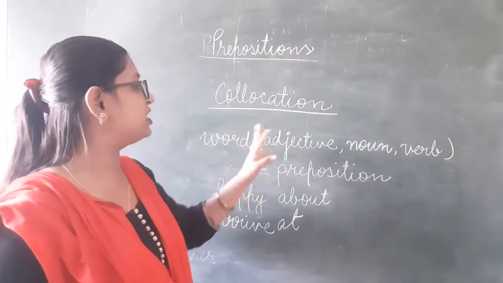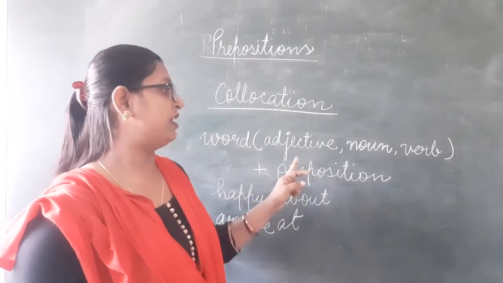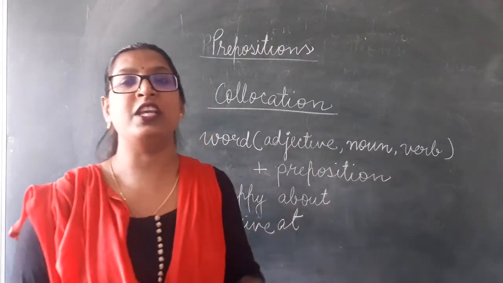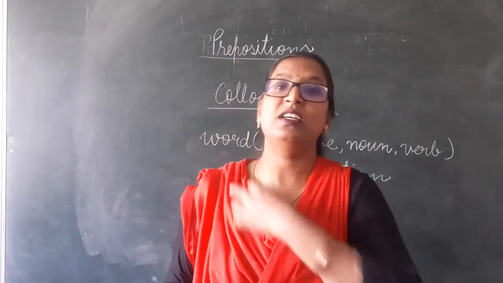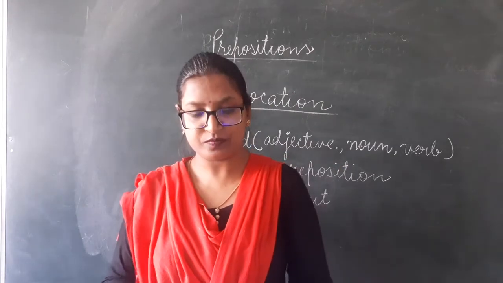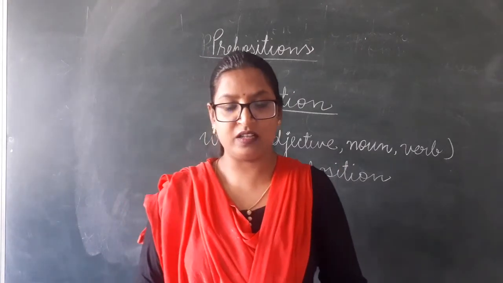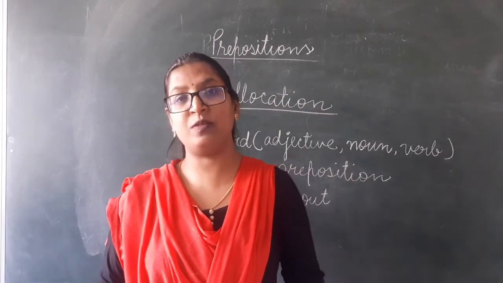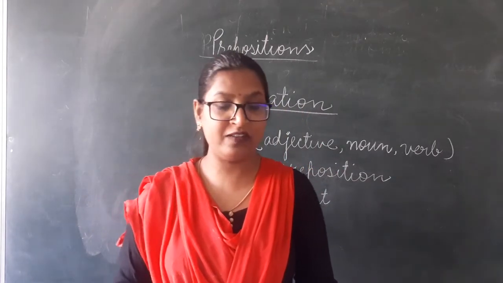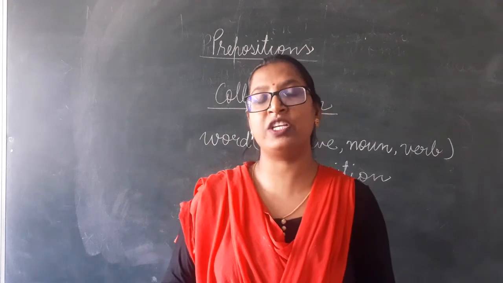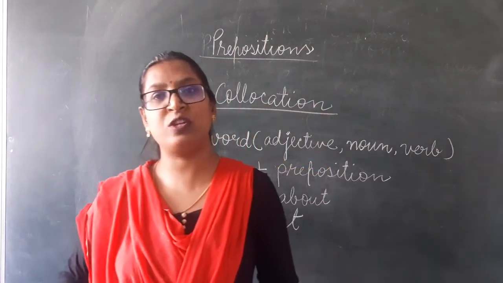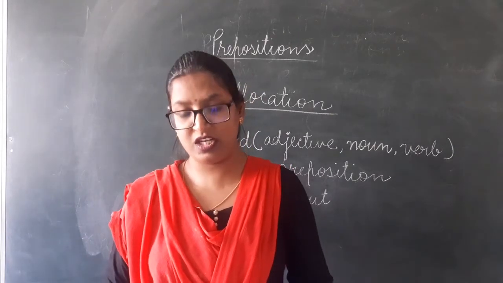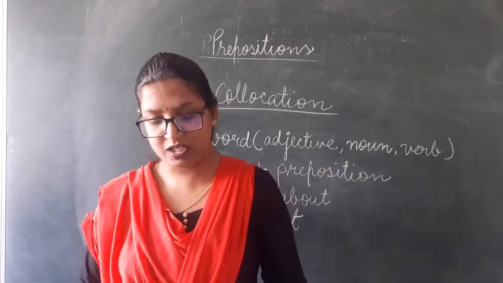So this combination, adjective, noun, or verb plus preposition, is known as collocation. Here the list of different collocations is given on page number 134 and 135. Go through all these collocations, and if you do not know the meanings of these, you can go through the dictionary and find out the meanings.